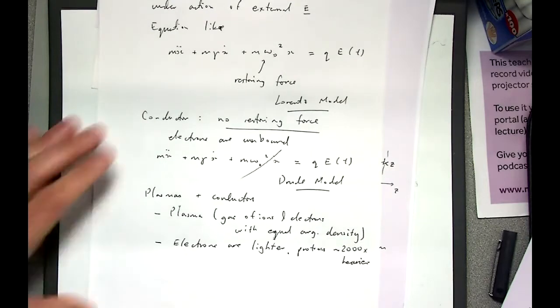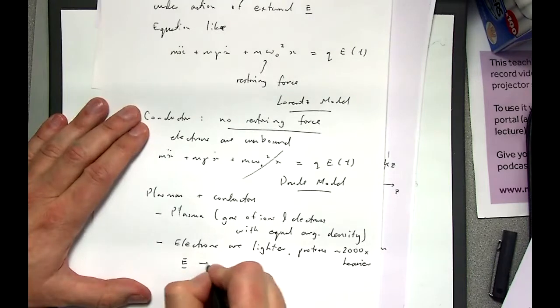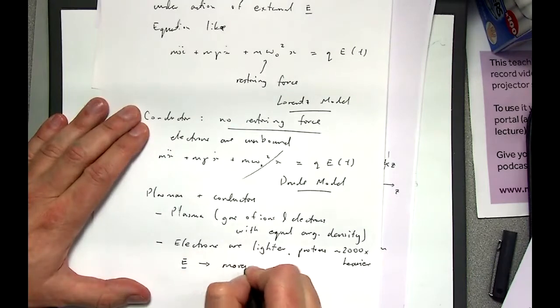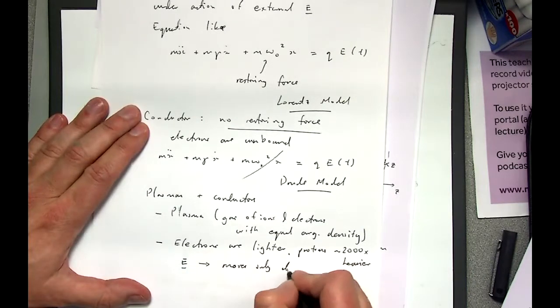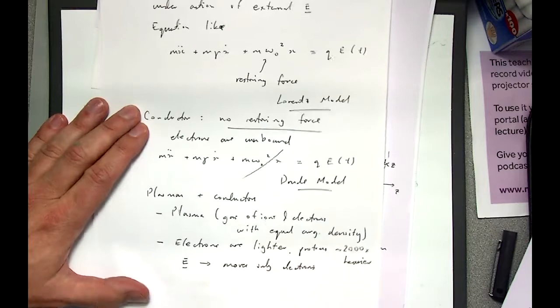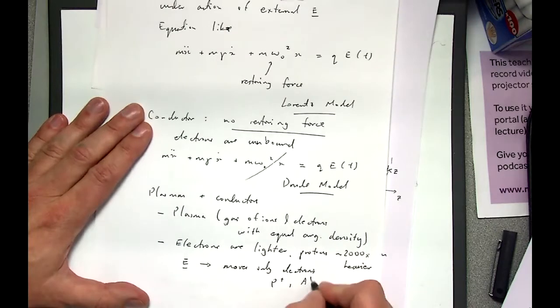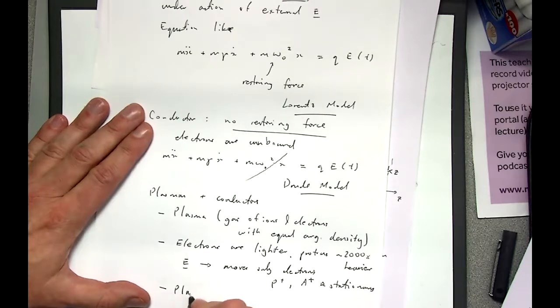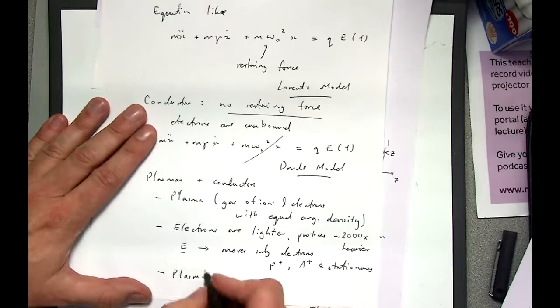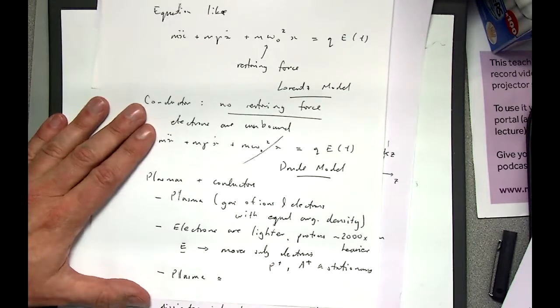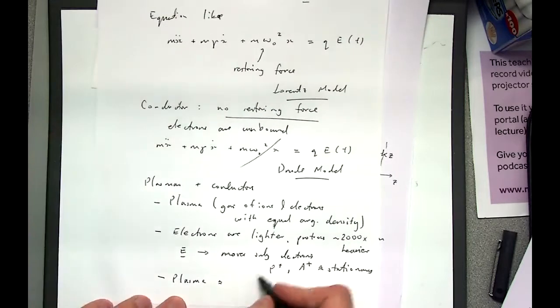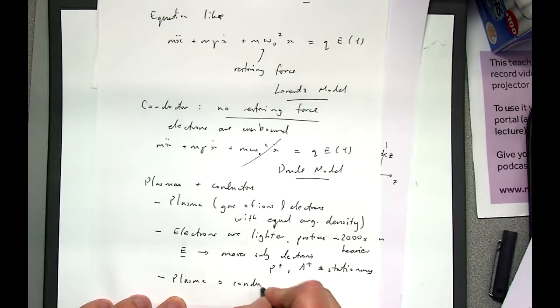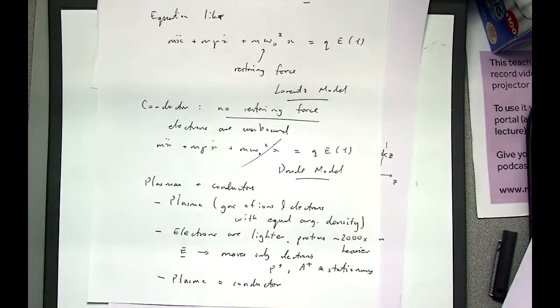So under the action of an electric field, it moves only the electrons. I think we mentioned that before, right? So the protons or the ions are more or less stationary. And it's that statement, that the ions in a plasma remain stationary under the action of an oscillating electric field, which allows us to equate the concept of the plasma to the conductor. It's only the electrons that are moving.